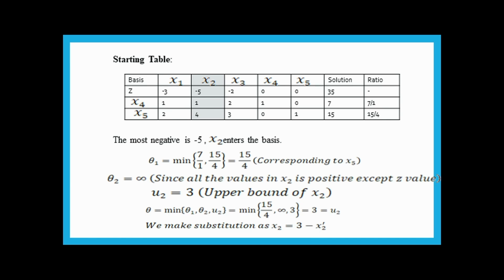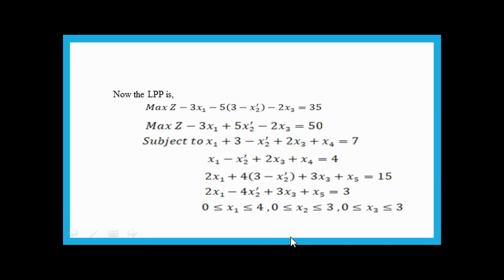So we make the substitution x2 equal to 3 minus x2 dash. This 3 is the upper bound of x2. Now the LPP is changed into maximize z equal to minus 3x1 minus 5 into, in terms of x2 we substitute 3 minus x2 dash.